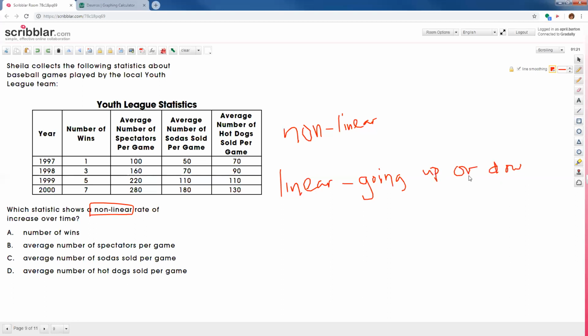So there's actually quite a few different versions of non-linear. What you said is one version of nonlinear, but we need to make sure we know all the versions of nonlinear every time.